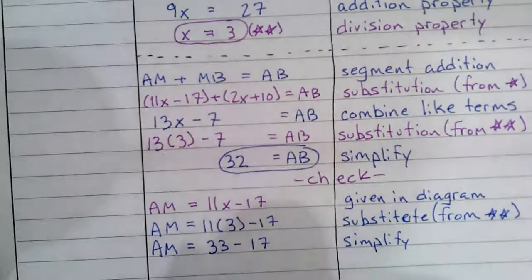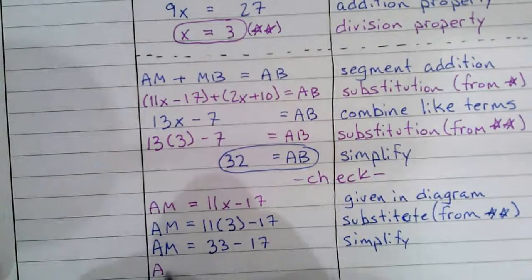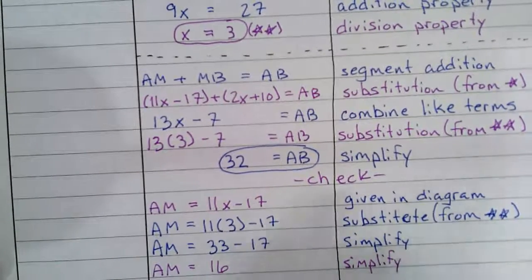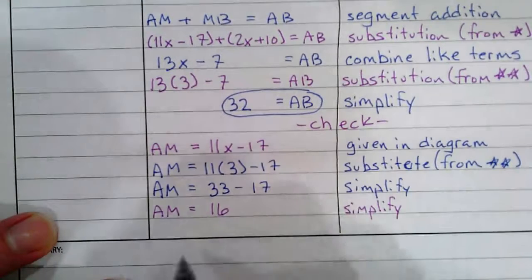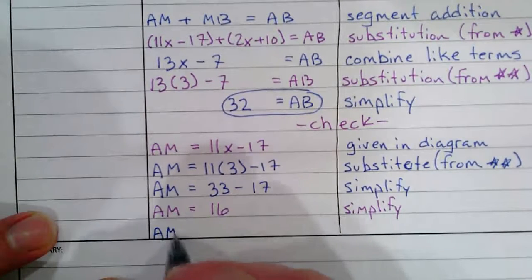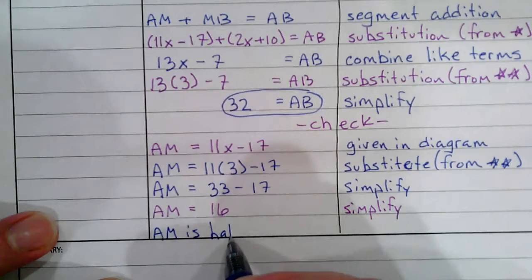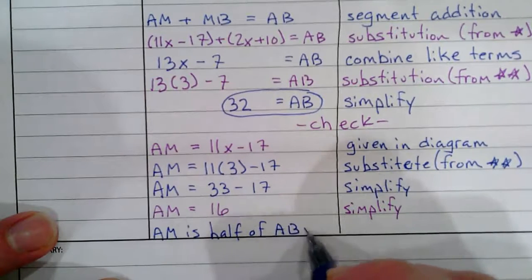Then AM is 16, which again we just simplified. Our little note here is that it checks out. AM is half of AB. Check.